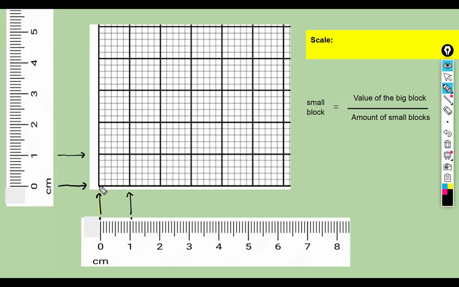Some people, the first block is actually 2 centimeters, right? And you will notice that in the most popular type of graph paper, the 1 centimeter, you just have 5 small blocks in between. Look at there, 1, 2, 3, 4, and 5, okay? Confirm everything, because you have to be super accurate today.